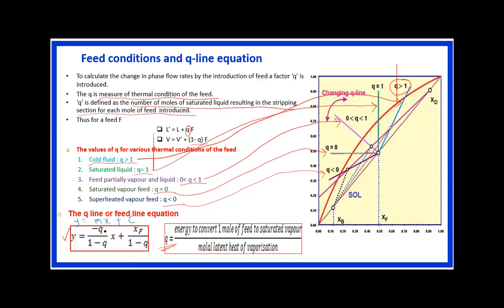So the slope of the q line is minus q upon 1 minus q. On the basis of this q value, we can calculate the slope of the q line, and on the basis of this slope calculation, we can draw the q line on the XY diagram.